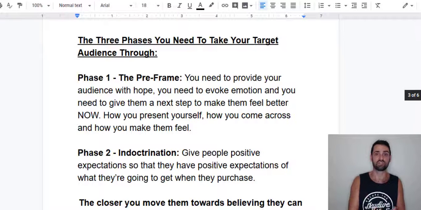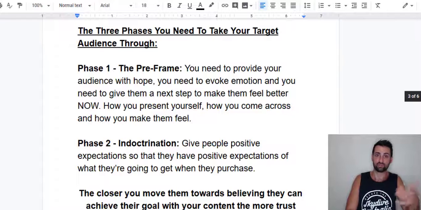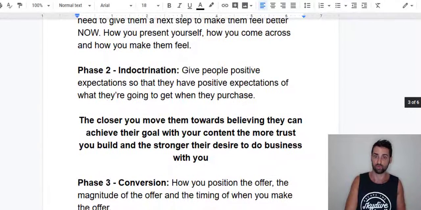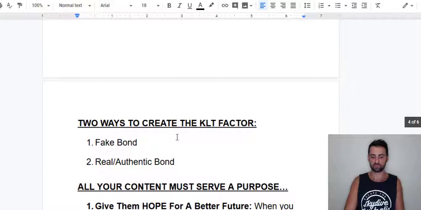You're overcoming challenges, pushing through to achieve your goals, and that's a way to evoke hope and emotion as well, because you're getting real with people and showing them that you're just like them. You have the same problems and the same challenges to go through to get to your goals as well. So that's just an add-on, just something to think about.